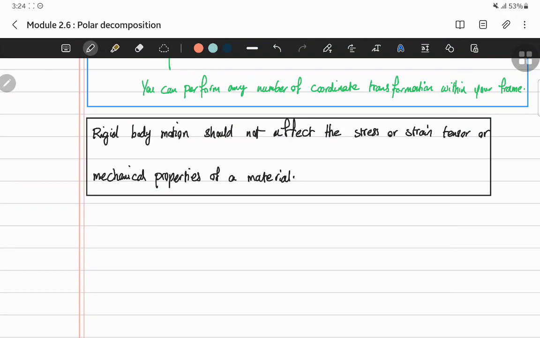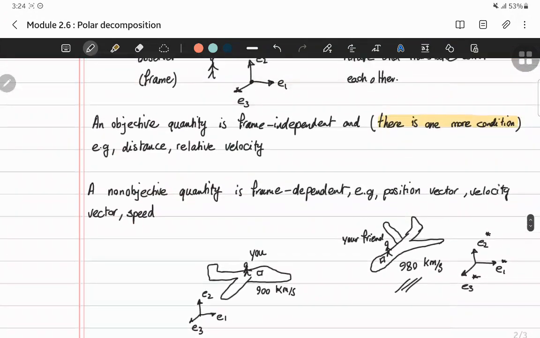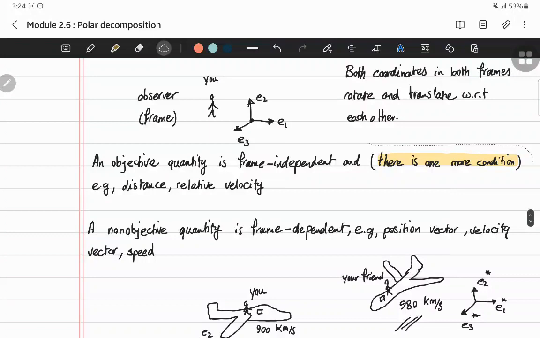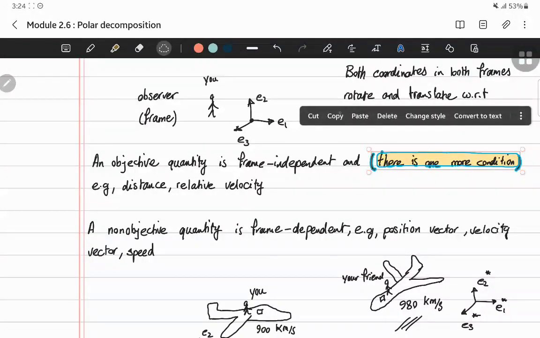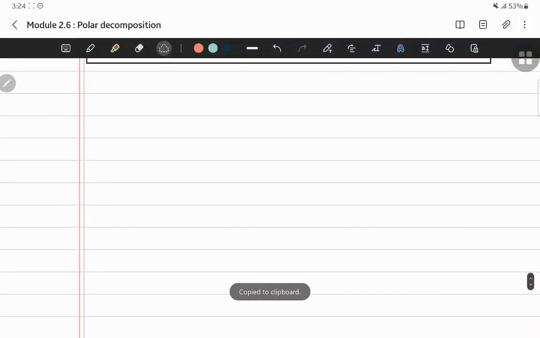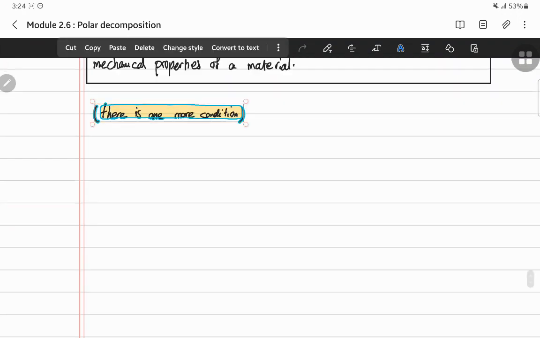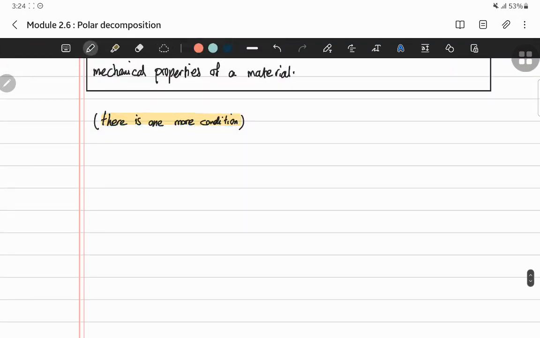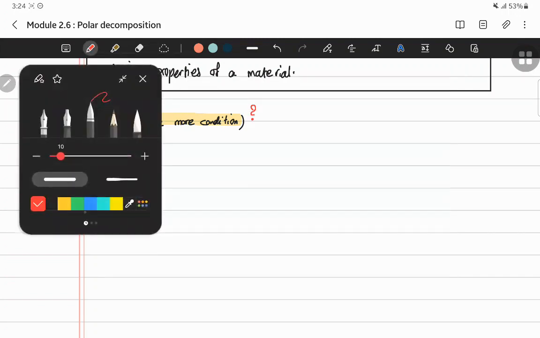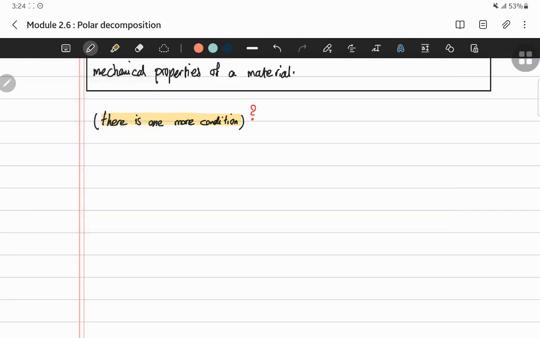So now let's get to this highlighted thing in here. What is this? There is one more thing. All right, let's answer this. I put a question mark in here. Suppose an observer, think of an observer as a combination of a rigid body plus a clock.